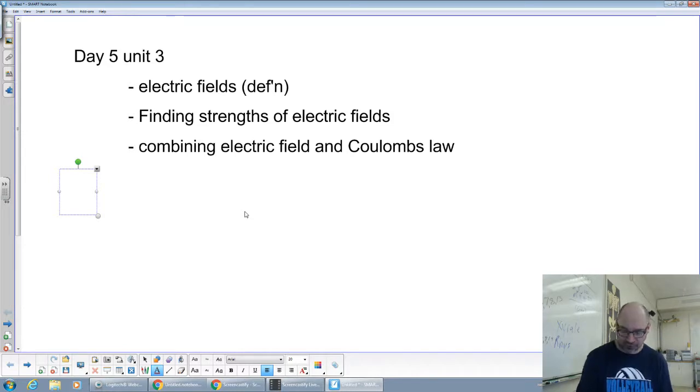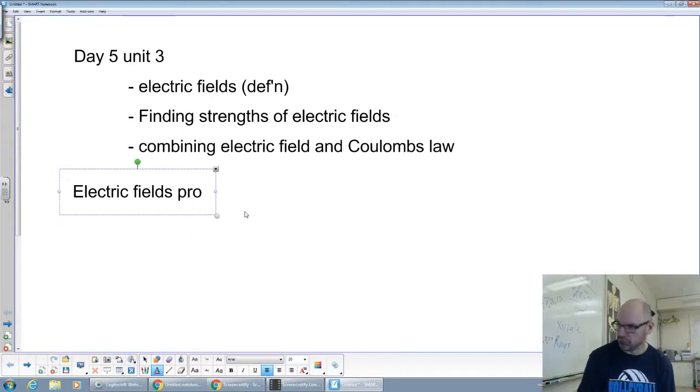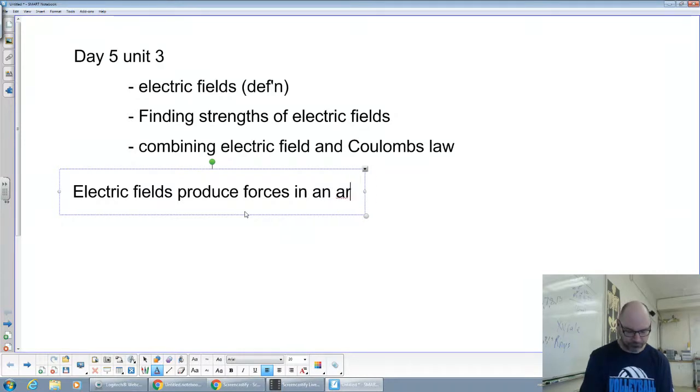So let's start off with an electric field. Electric fields produce forces in an area based on electric charges, or two or more electric charges.